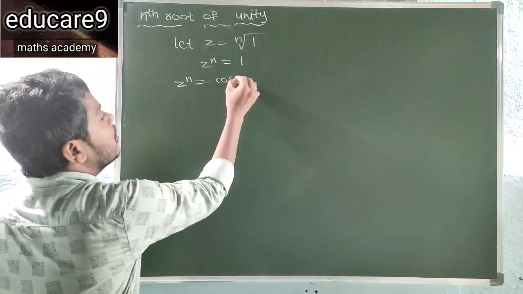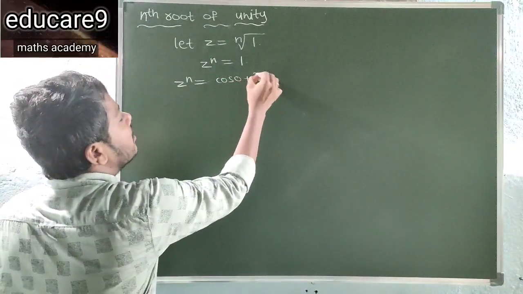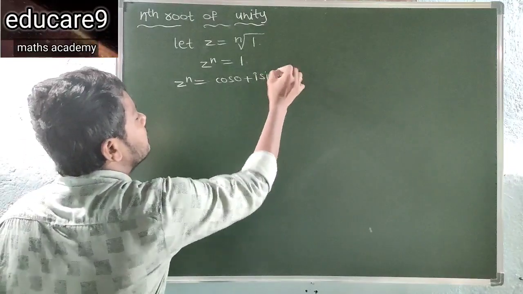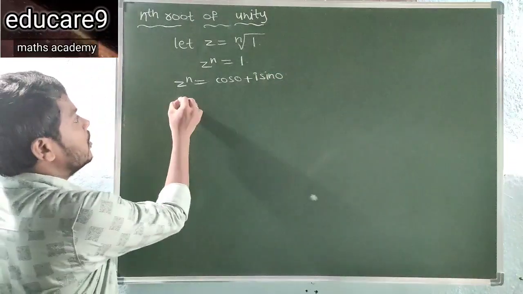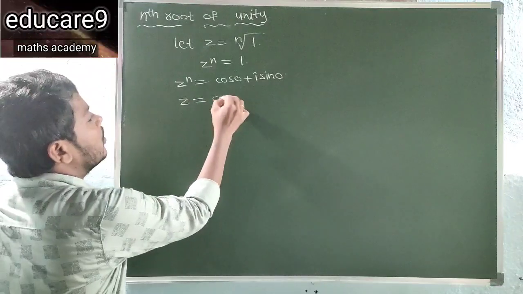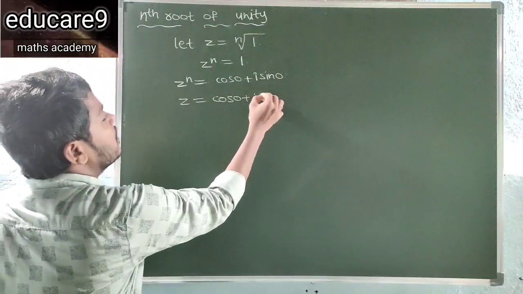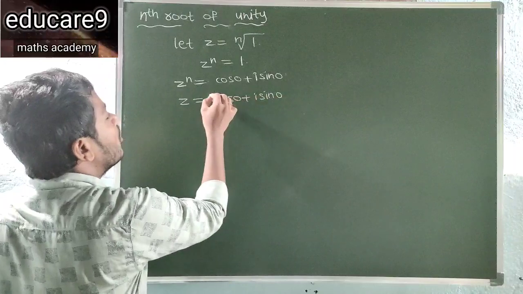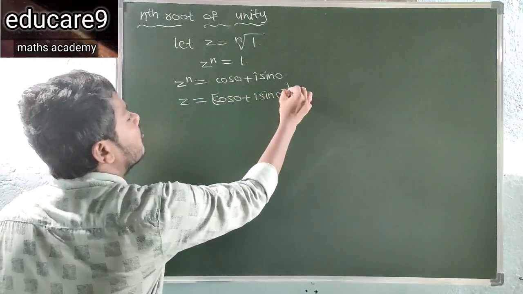That is cos 0 plus i sin 0. So z equals (cos 0 plus i sin 0) all to the power of 1 by n.